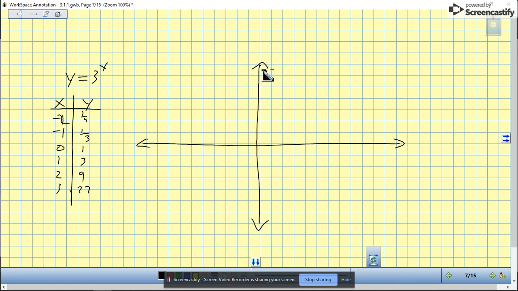All right, so I start graphing that. 0, 1. 1, 3. So right one, up 1, 2, 3. And then 2, 9. All right, and go higher. 1, 2, 3, 4, 5, 6, 7, 8, 9.